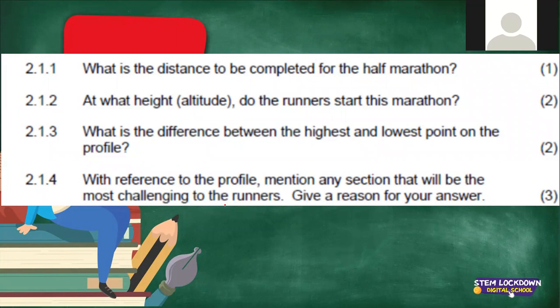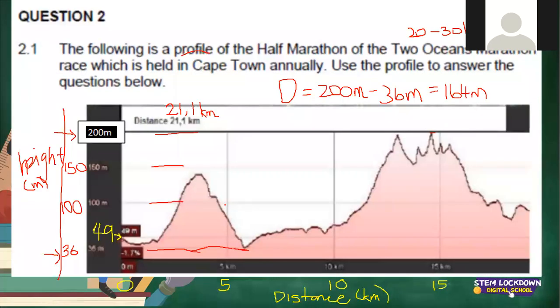Between approximately so many kilometers and so many kilometers. Which section will approximately be most challenging for runners?